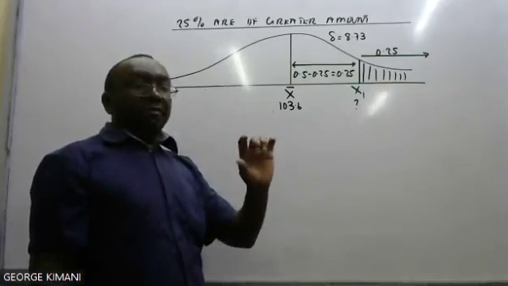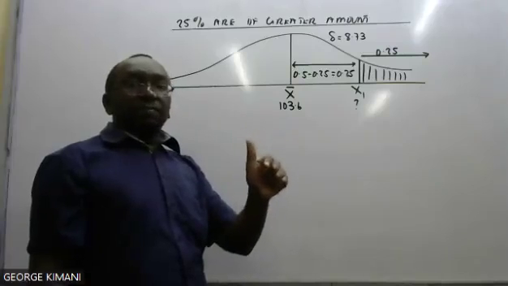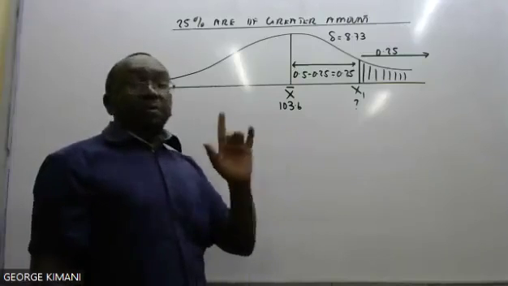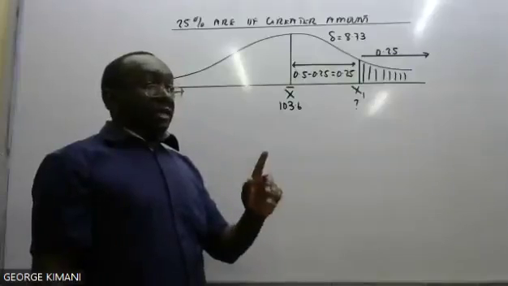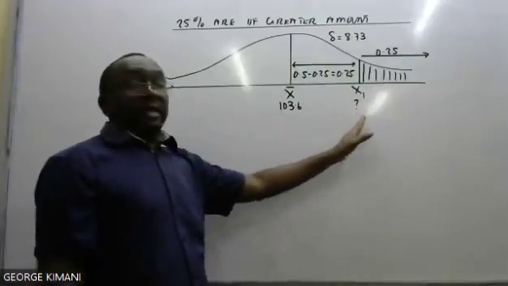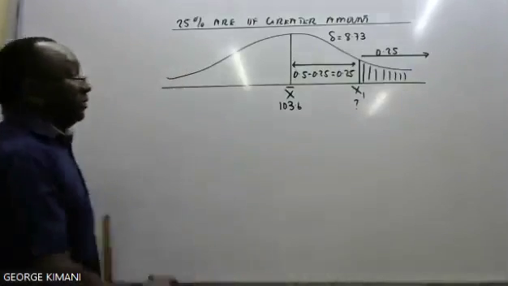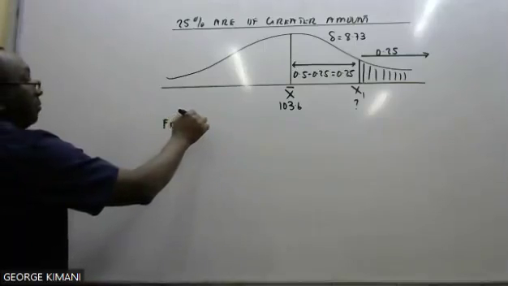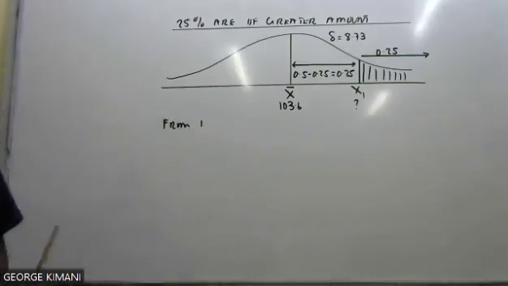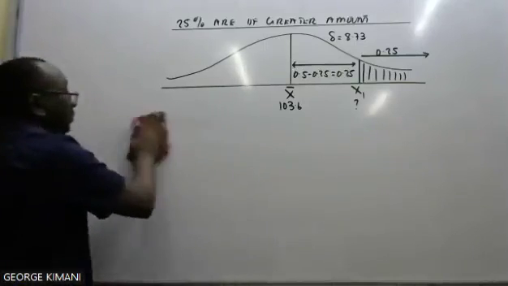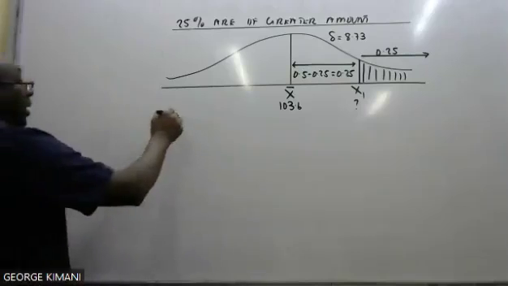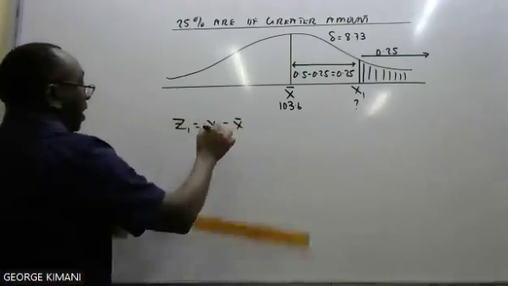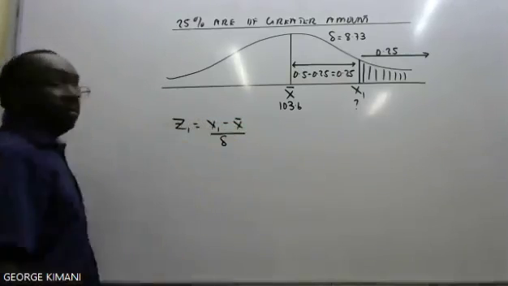So what we do, you take a value that is slightly above or slightly below. And as you look for that Z, you must know whether it will be positive or negative. I've already said, as long as your X1 is on the higher side, that value will be positive. Before we say from, we know so well, we were saying Z1 is X1 minus X bar, all over the standard deviation.